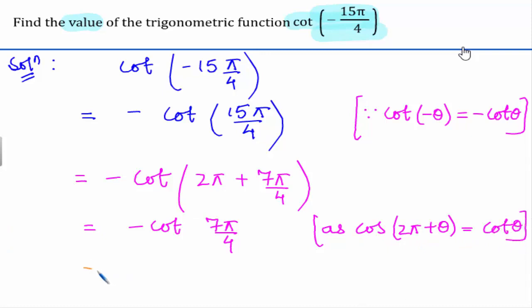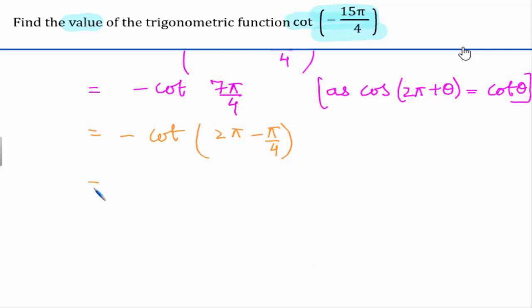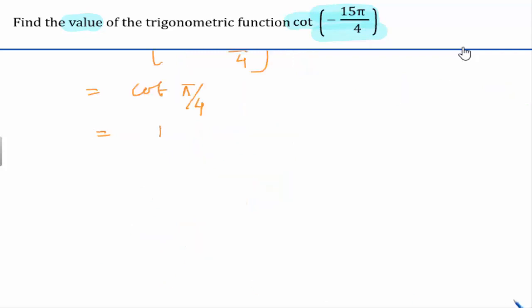Now this is further equal to minus cot 7 pi by 4 can be written as 2 pi minus pi by 4, and this is equal to minus of, now 2 pi minus pi by 4 is in the fourth quadrant, and in the fourth quadrant cot function is negative, so we have minus cot pi by 4, and minus minus is plus, so we have cot pi by 4, and cot pi by 4, that is cot 45 degrees, is 1.